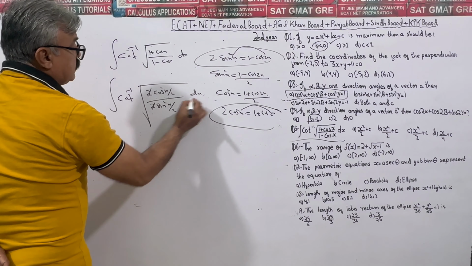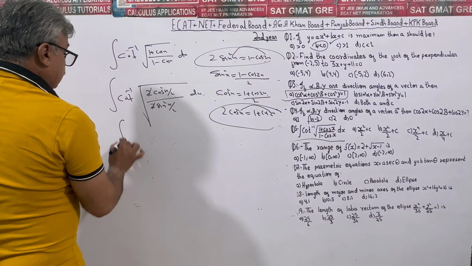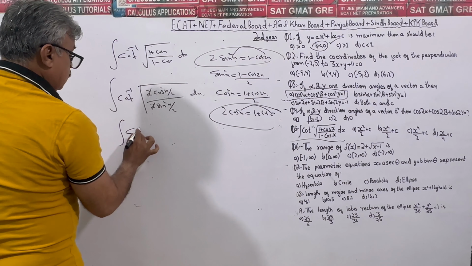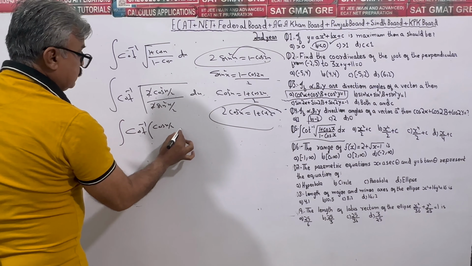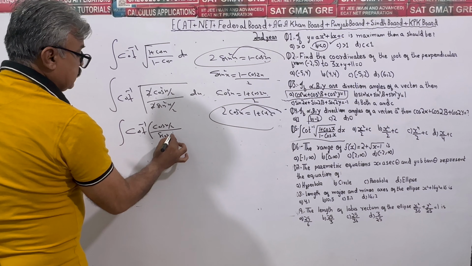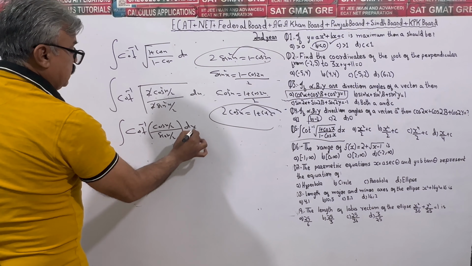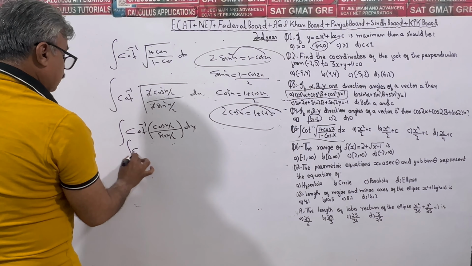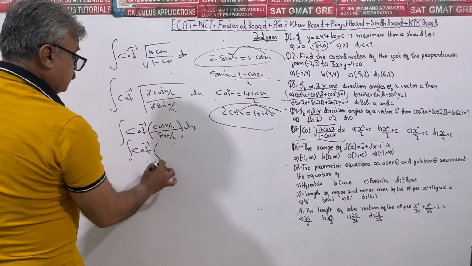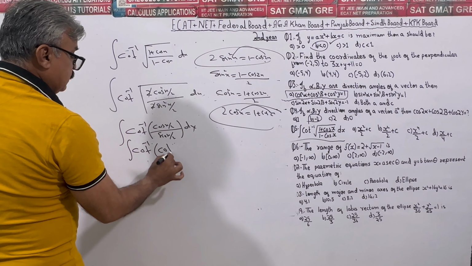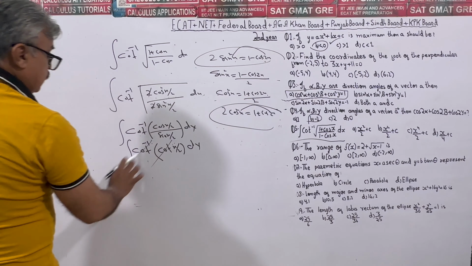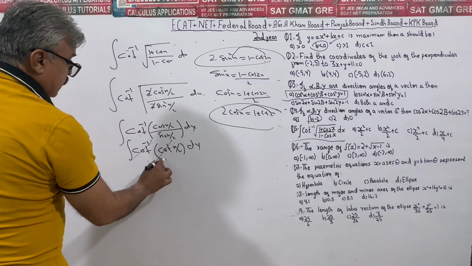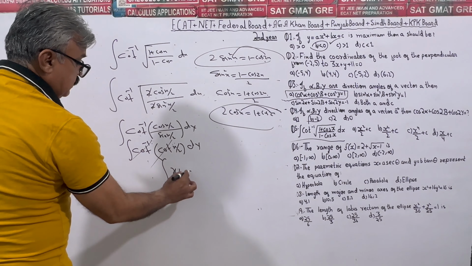Cos square is a perfect square quantity as well as sin square, so their root is possible. Cot inverse of cos x over 2 over sin x over 2. We are familiar: cos over sin is the ratio of cot. So it's cot inverse of cot x over 2 dx. Both cot and cot inverse neutralize, leaving x over 2 dx.